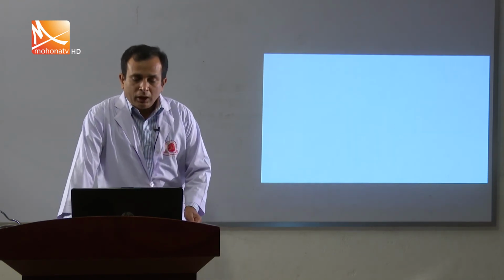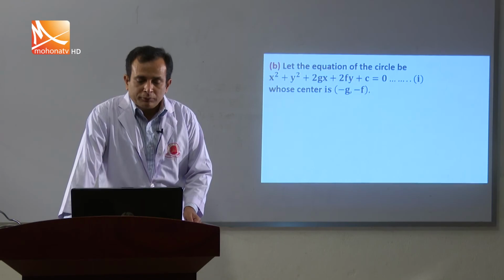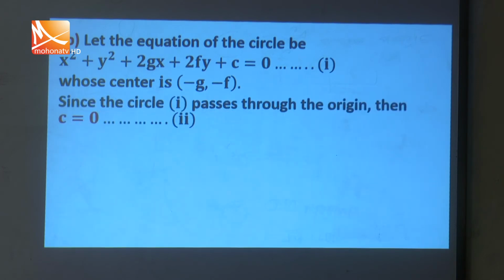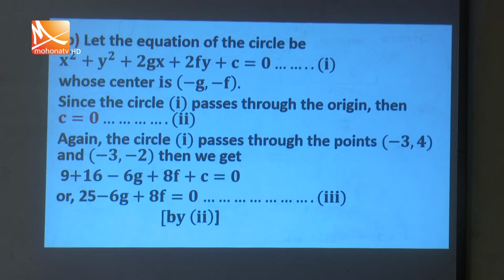Sure. Now, we would like to see the second question. Let the equation of the circle be x square plus y square plus 2gx plus 2fy plus c equals to 0, whose center is (minus g, minus f). We have already learned this. Given that the circle passes through three points: first is the origin (0, 0), second is (minus 3, 4) and third is (minus 3, minus 2).